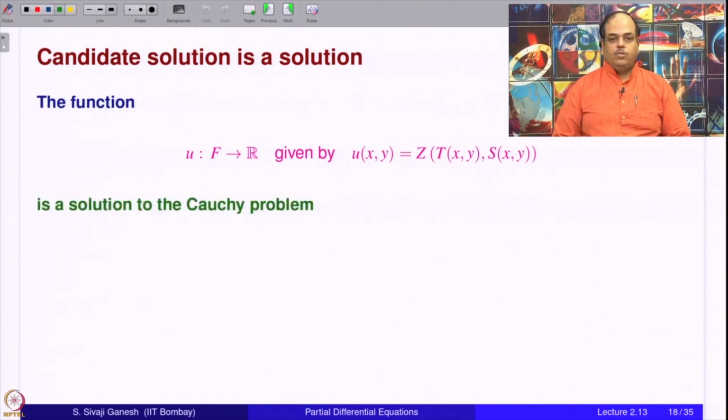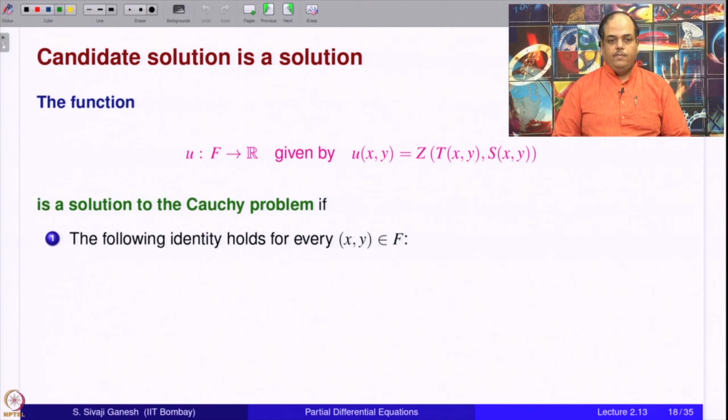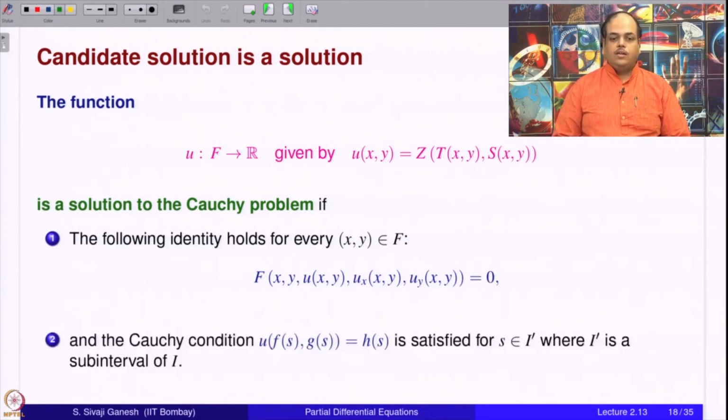So, this is a solution to the Cauchy problem if the following identity holds for every (x, y) in F, that is capital F of (x, y, u(x, y), u_x(x, y), u_y(x, y)) equal to 0, and the Cauchy condition u(f(s), g(s)) equal to h(s) is satisfied.